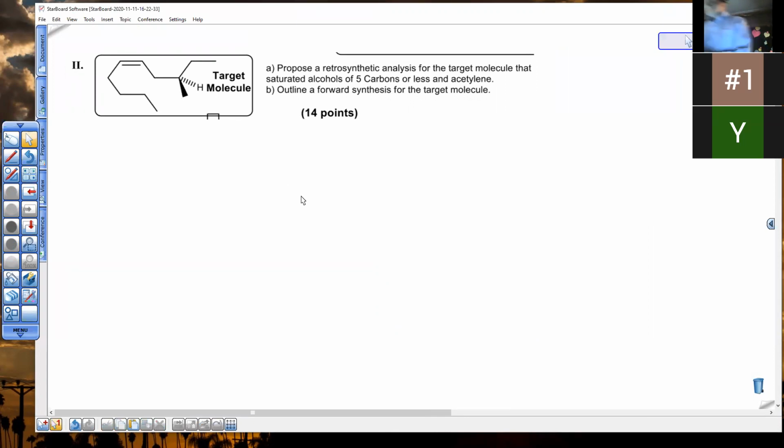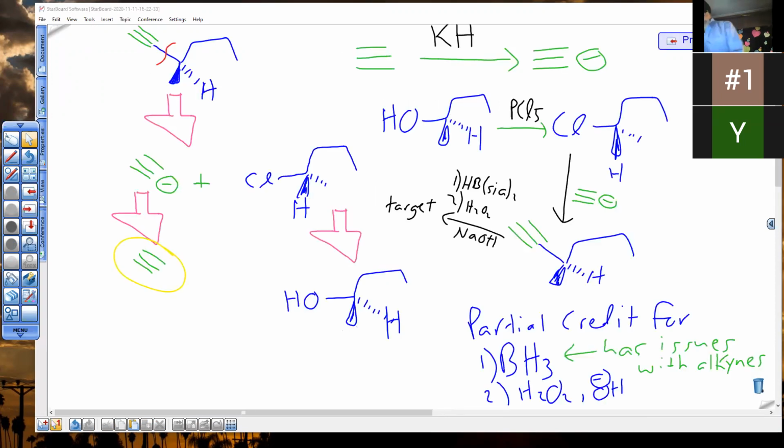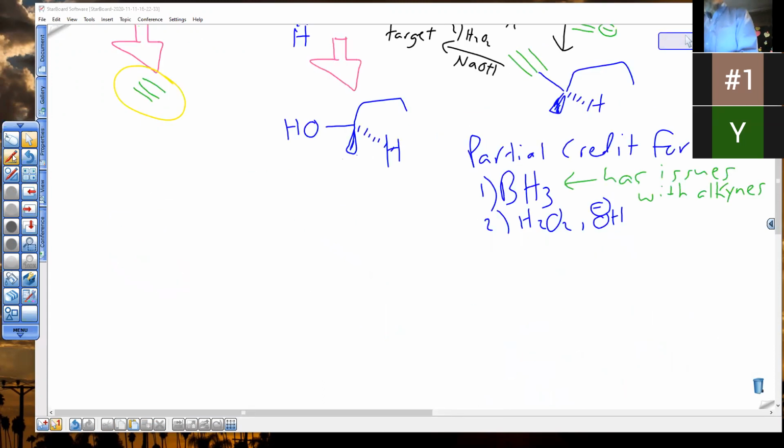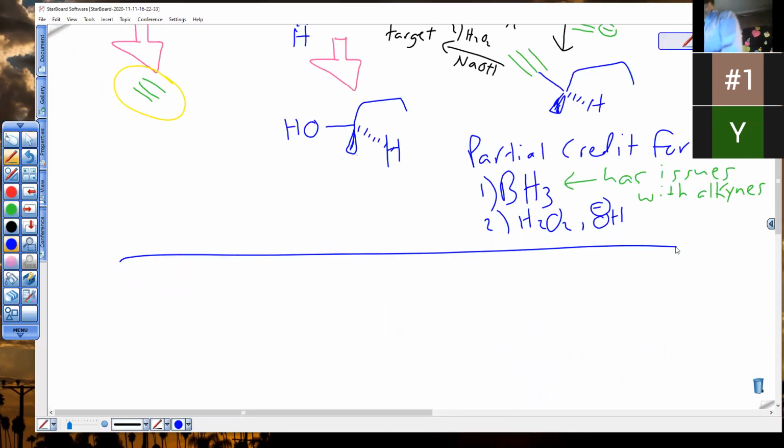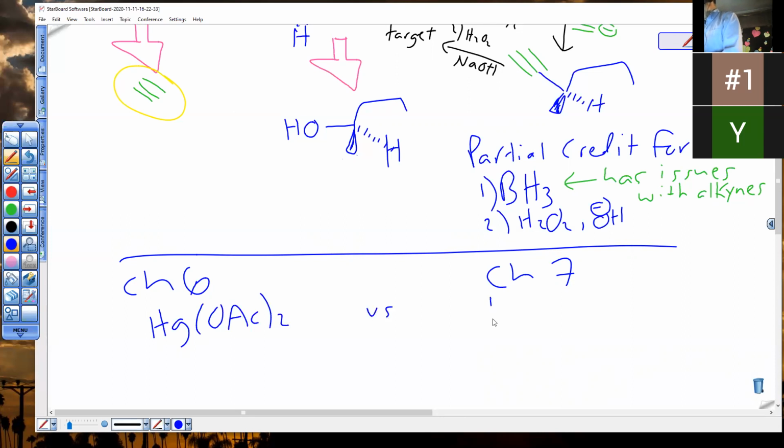So, reminder, previous page, since it's relevant over here, we'll put it under a line here. Chapter 6, chapter 7. We had the mercury, Hg(OAc)2, that's a 6, versus HgSO4. This was a 2-step process with that and water. This was with this and water.